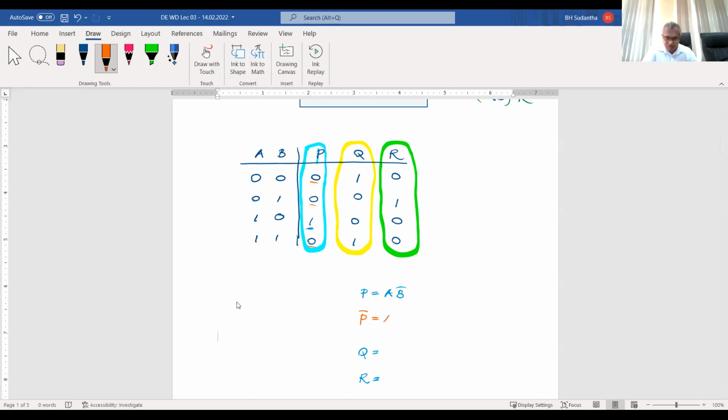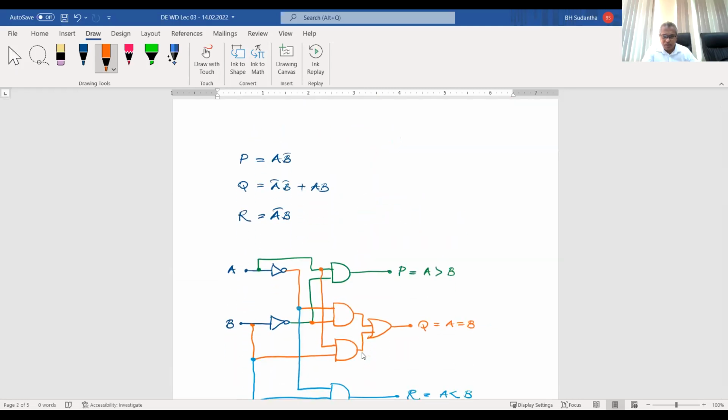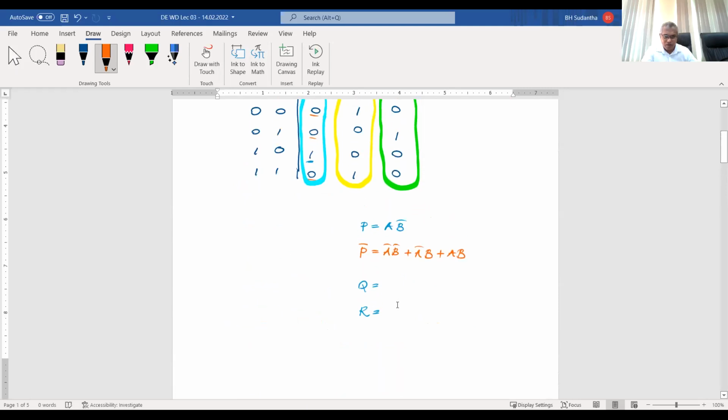Then what are the terms? A bar B bar, A bar B, and AB. Then if you want, you can use this equation, but your drawing should show P bar. At the end of the circuit drawing, you can't write P here. It should be P bar. But don't get confused if you don't understand this one.